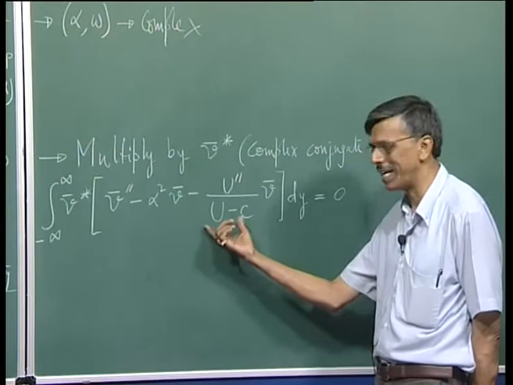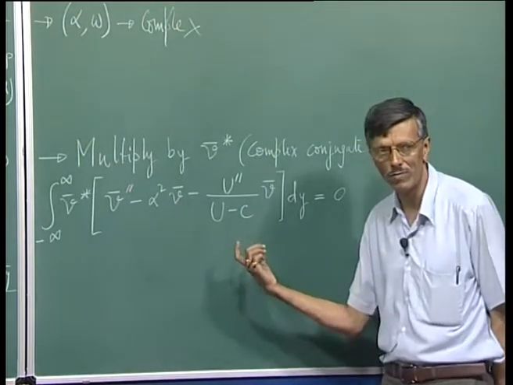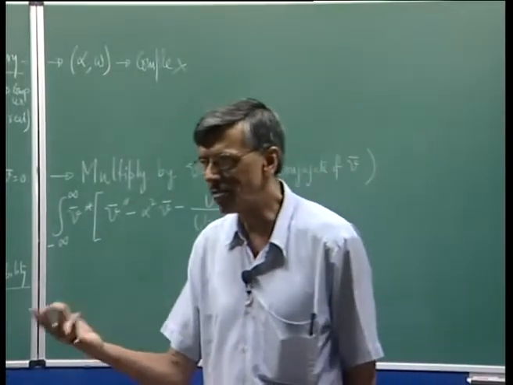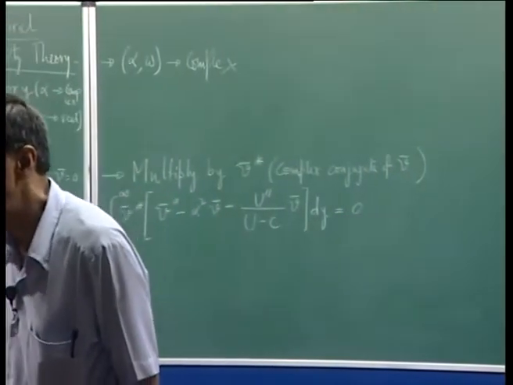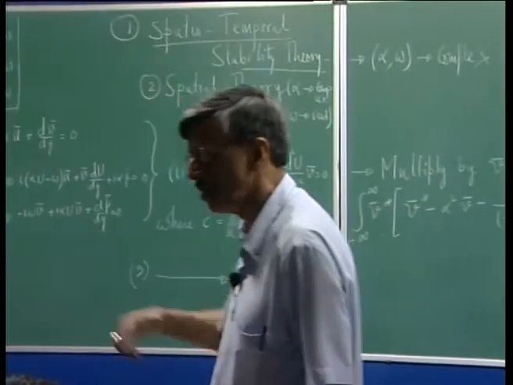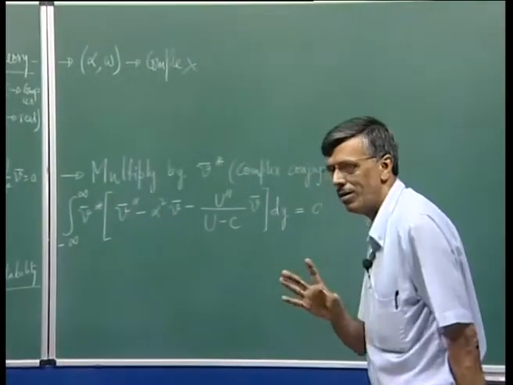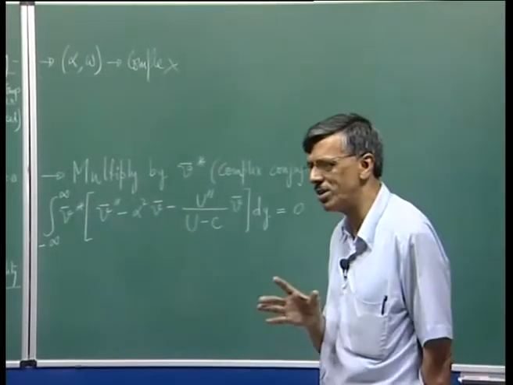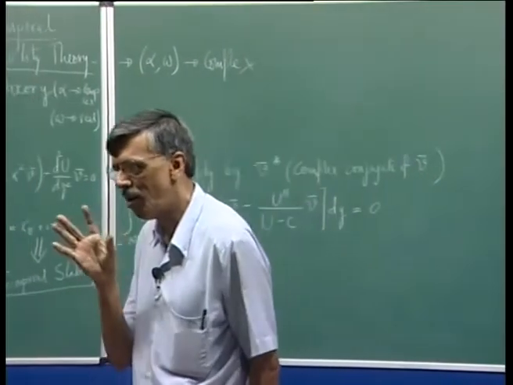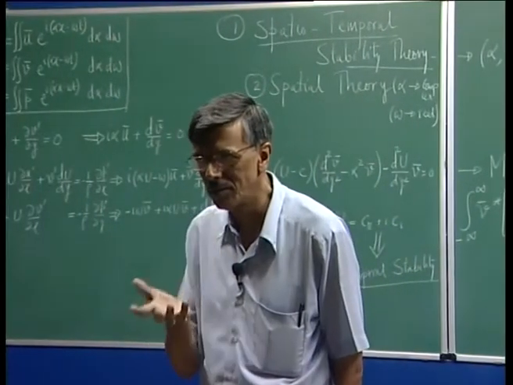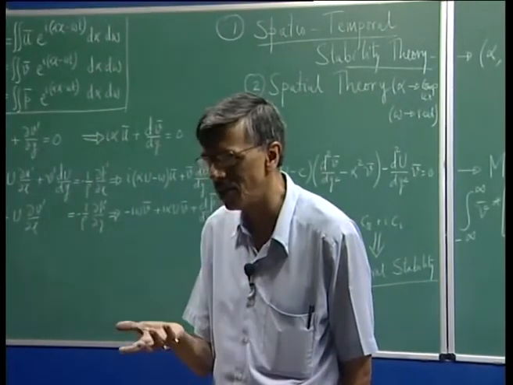So, the real part can match, but still you would be left with the imaginary part. So, the chance of dividing by 0 is precluded when we are studying a temporal stability problem. Although you would have a situation for neutral stability. Neutral stability would correspond to what value of c_i? It would be equal to 0.